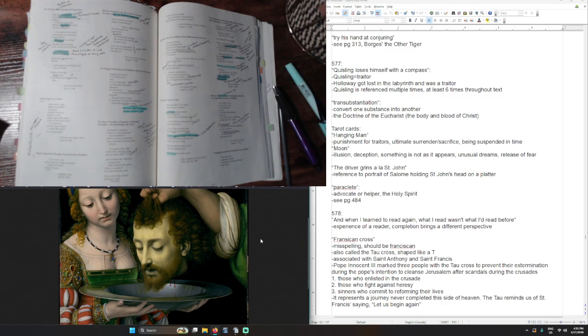Yeah, lots of references to Catholicism. And I say Catholicism in specific as opposed to Christianity, because a lot of these things are specifically for Catholicism. We get a reference to this word paraclete, about an advocate or helper, the Holy Spirit, and the whole phrase of a bird, a plane, no, the paraclete.